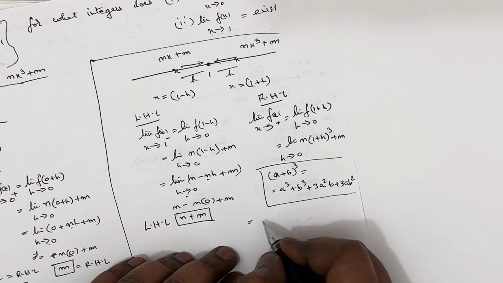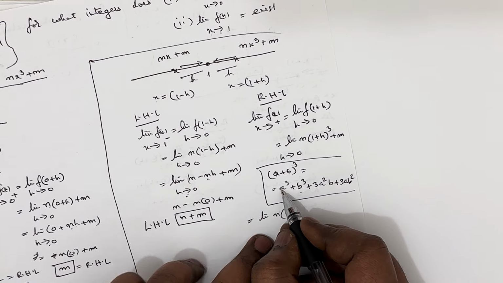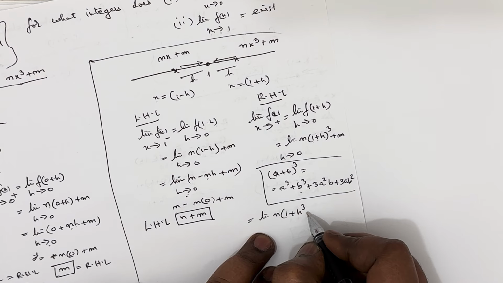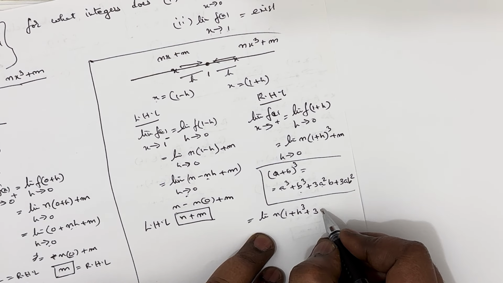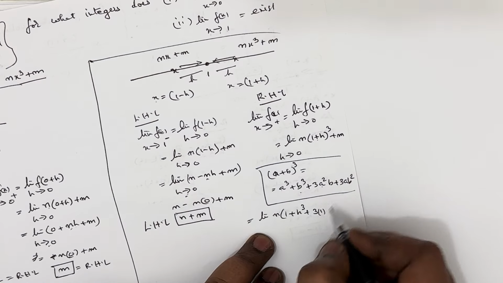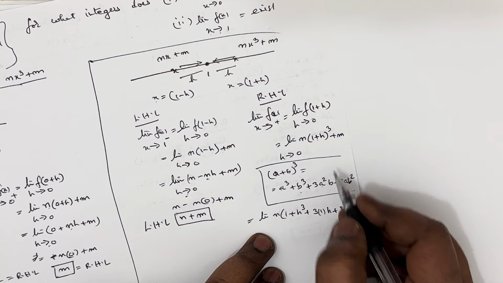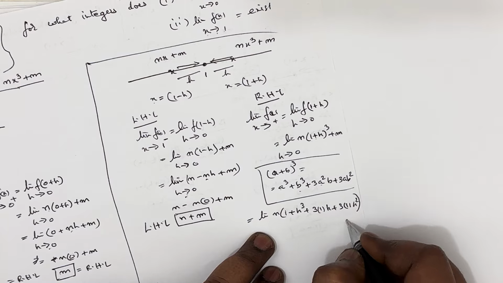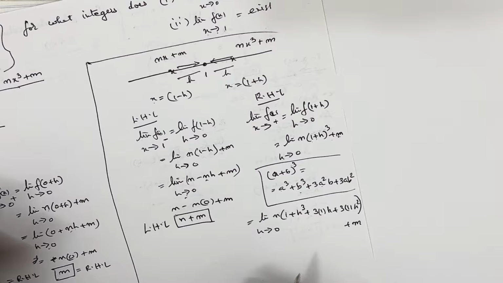So we get limit n multiplied by, now a is this one, so 1 square is 1, 1 cube is 1, plus b cube, that is h cube, plus 3a square, 1 square is 1, b is h, plus 3 into 1 into h square, plus this m, h tends to 0.